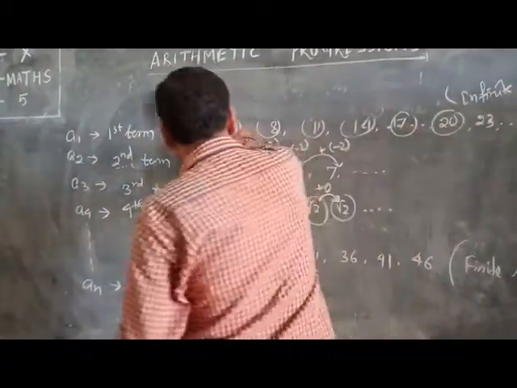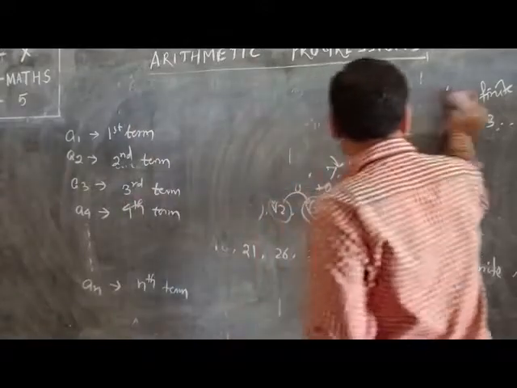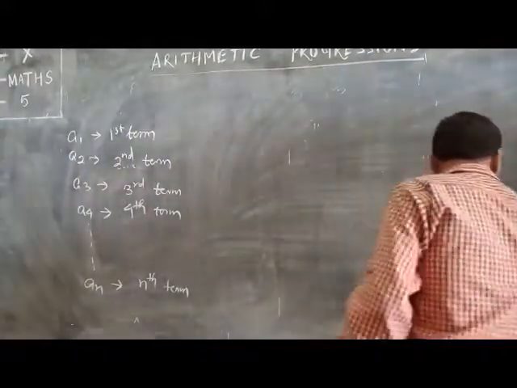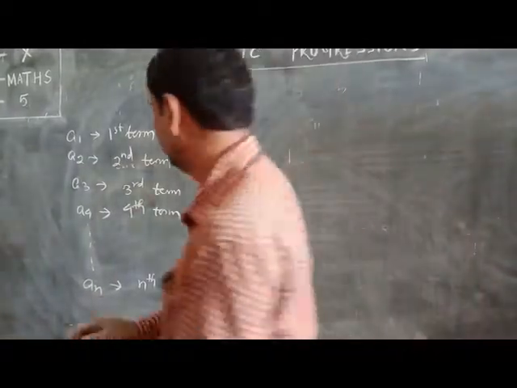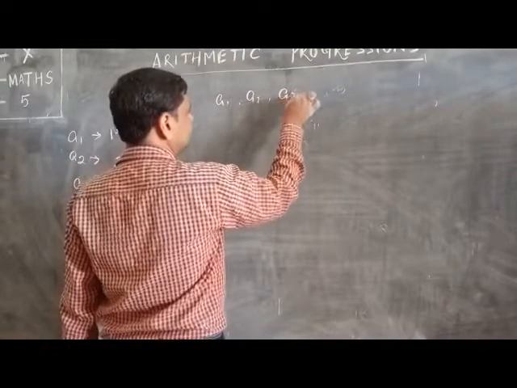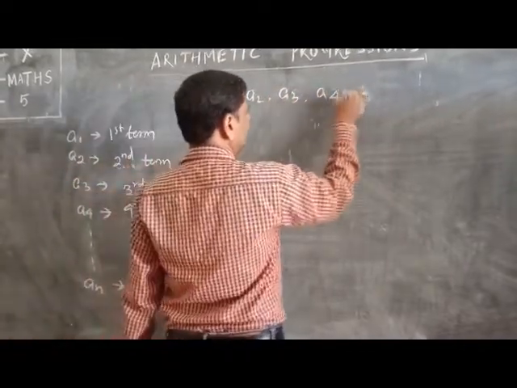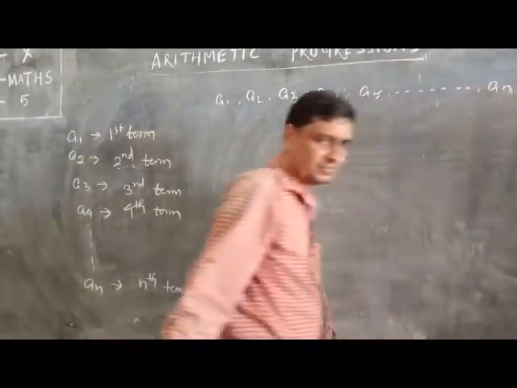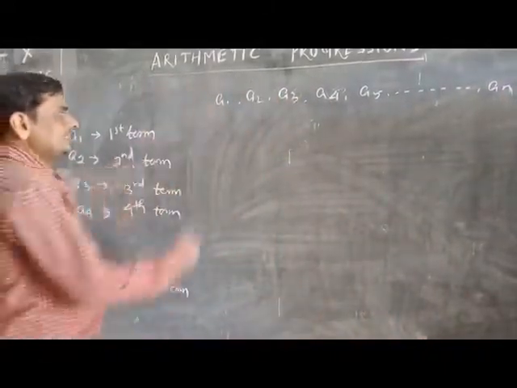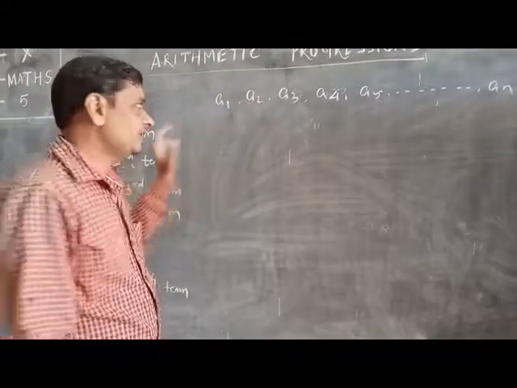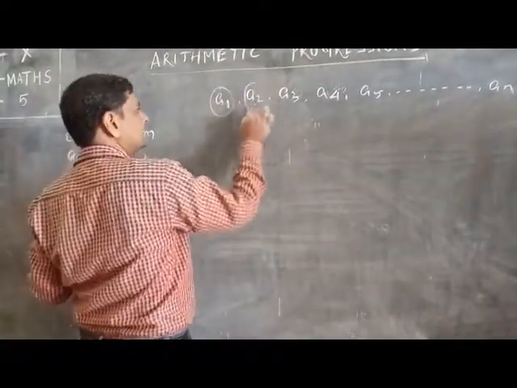If we write the AP like A1, A2, A3, A4, A5 up to AN, A1 and A2 differ by a fixed number.